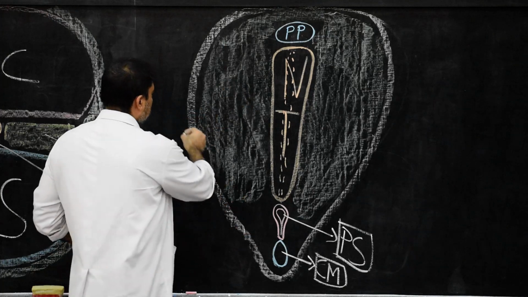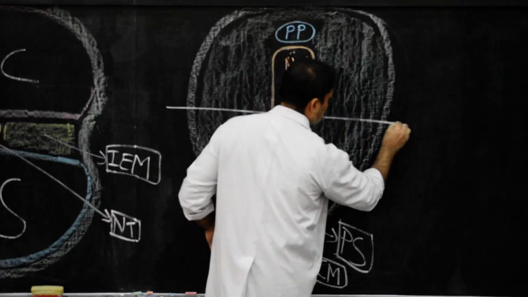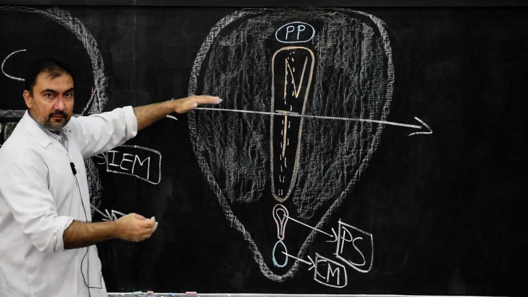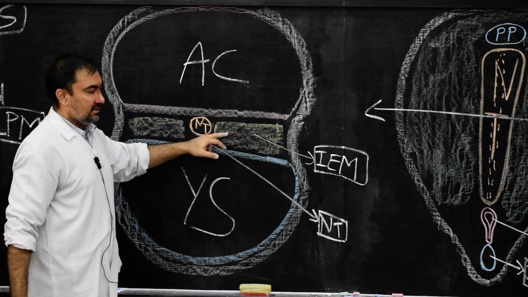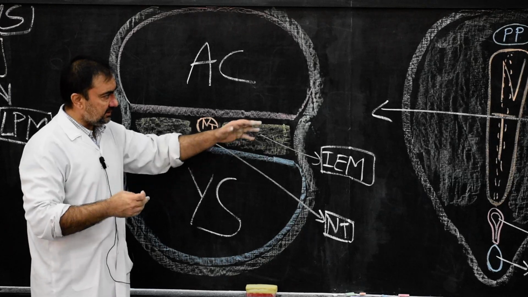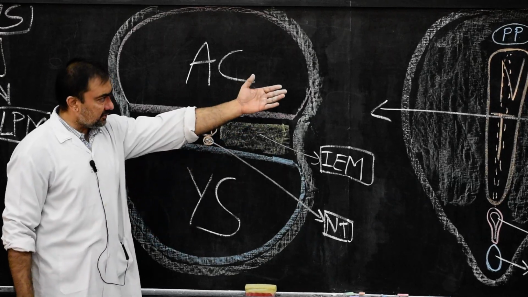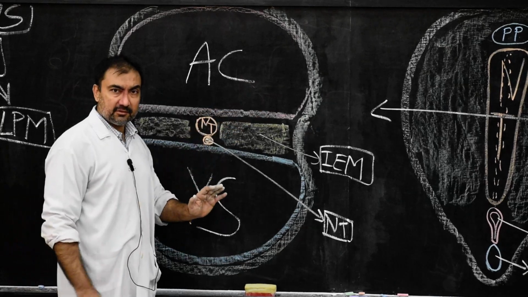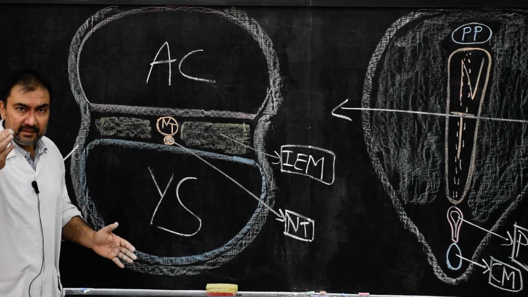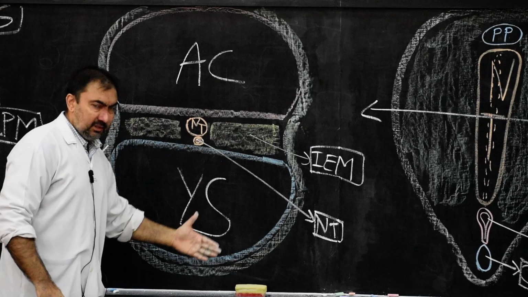Here, if I draw a section of this diagram, then we see this diagram. Very simple. This is a coronal section of that dorsal view of the embryo. That was the dorsal view of the embryo, and this is the coronal section. So we are looking at the embryo from the front in coronal section in such a way that above is the amniotic cavity, below is the yolk sac.